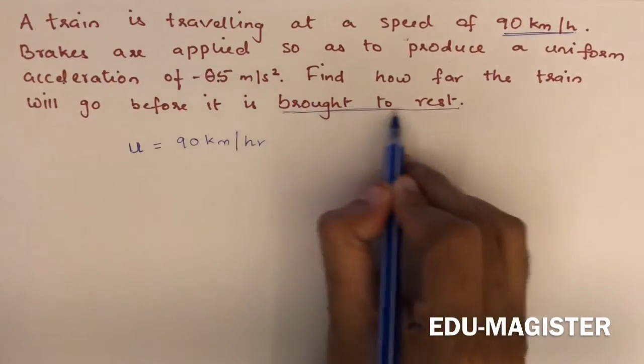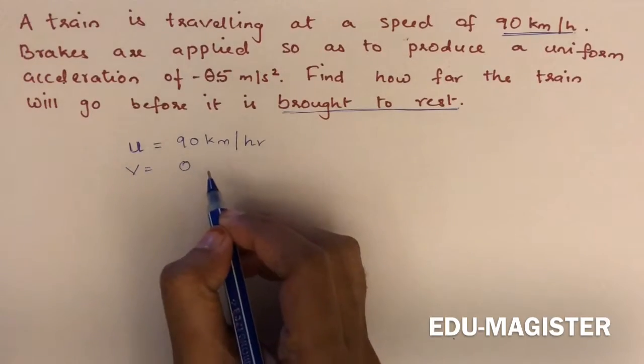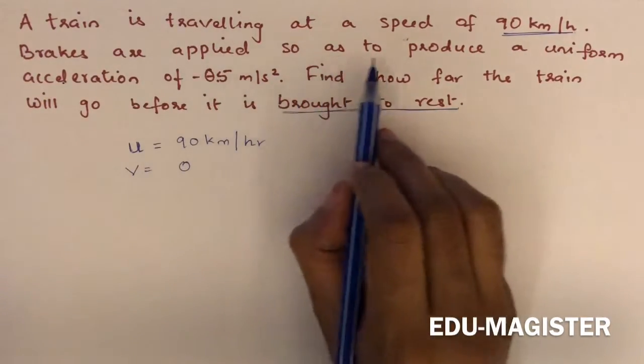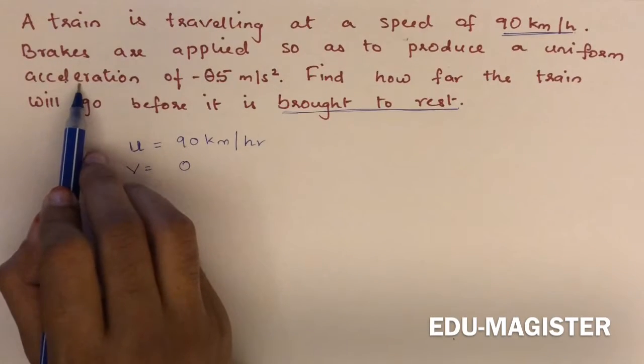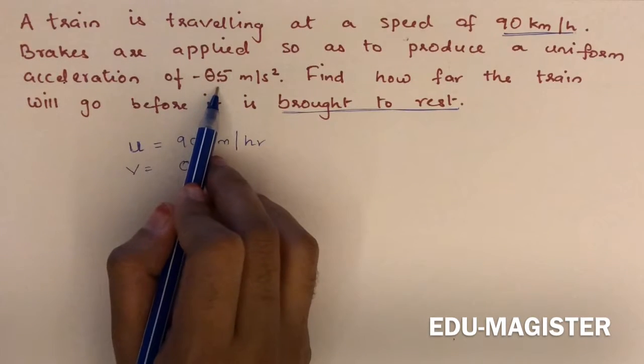So from this line we get that v is equal to 0, and then they have given that the train is having a uniform acceleration.